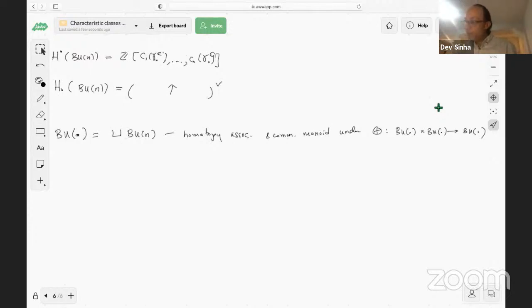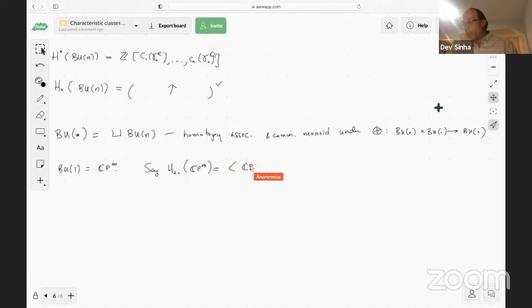And we start things off with, of course, BU_1 is CP infinity. There are various ways you can ruminate on that fact. And then we know the homology there, so we're going to say that H_{2i} of CP infinity, we're going to choose our generator, and not surprisingly, I'm just going to pick the standard one.